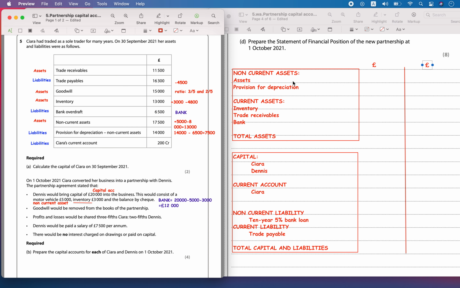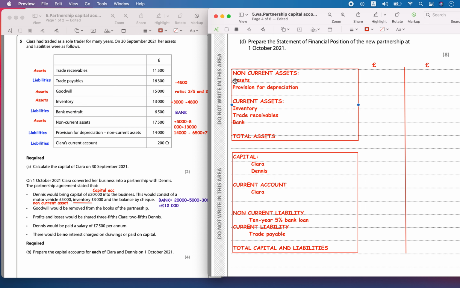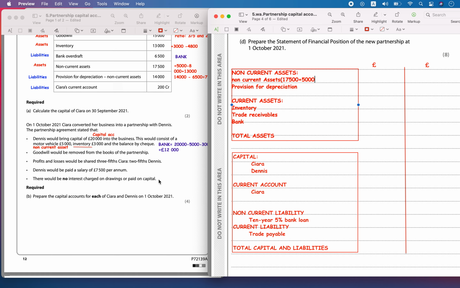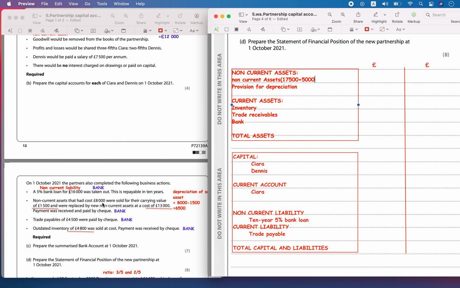At the beginning he had 15,700. So we are talking about non-current assets, so we're at 17,500 plus, he brought in a motor vehicle worth 5,000, and then a vehicle which was sold, so 8,000 cost, it has to be removed.